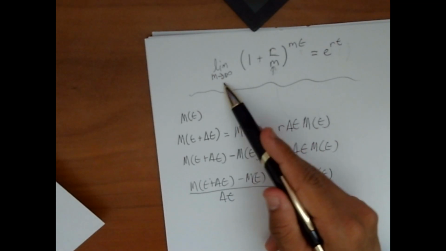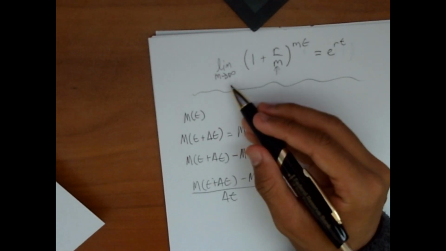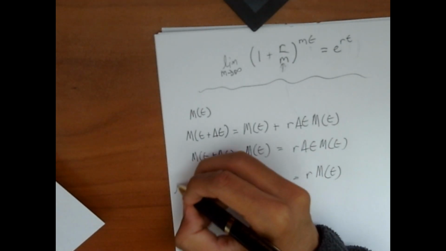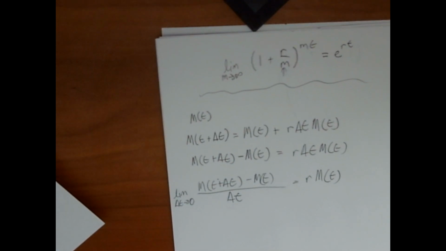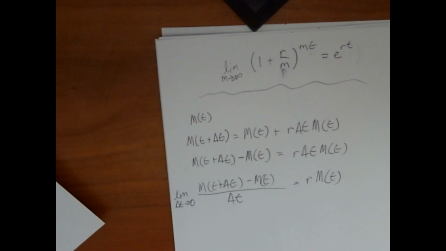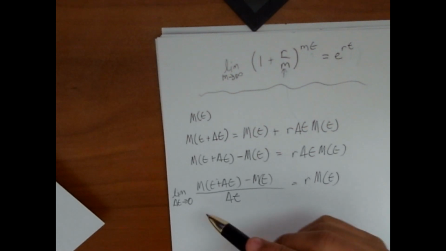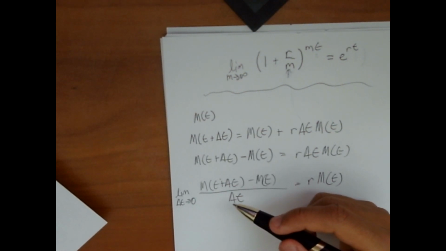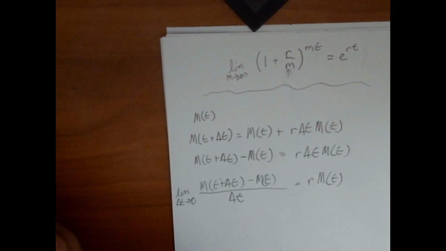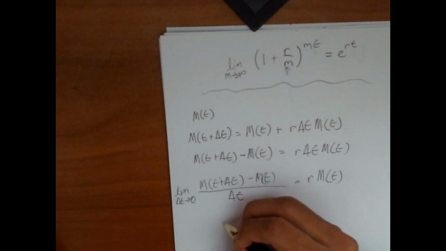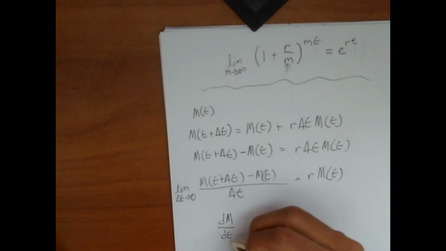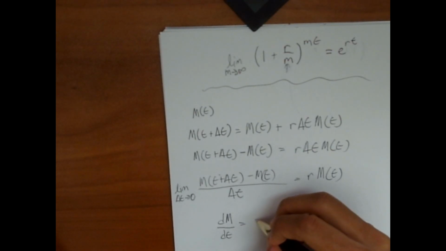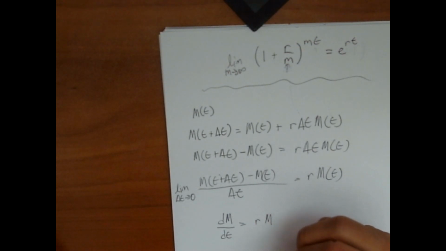And that's the same thing as doing this, but instead of taking the limit as m approaches infinity, we can take the limit as delta t approaches 0, which is the derivative, and this is the exact rate of change of our interest. So then we can simplify this to be dM/dt equal to rM.